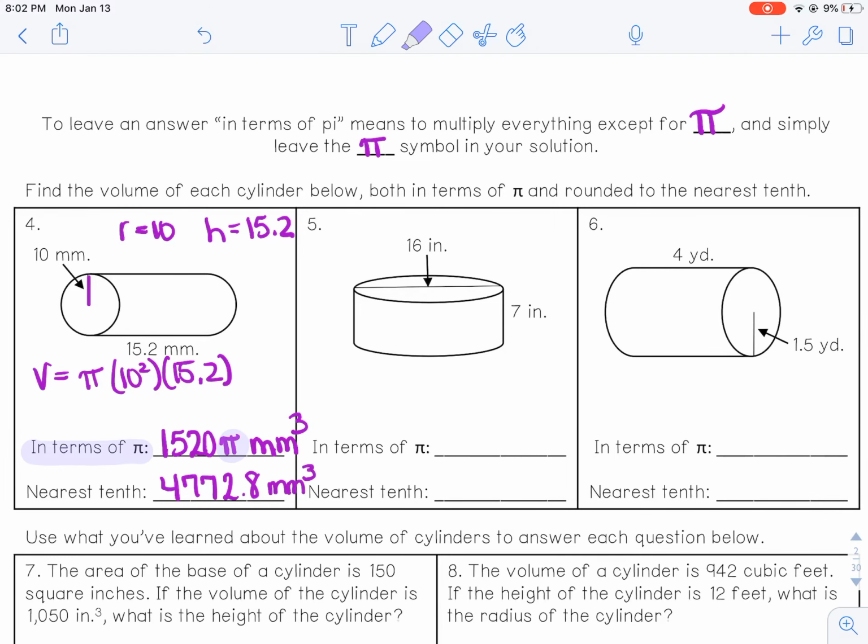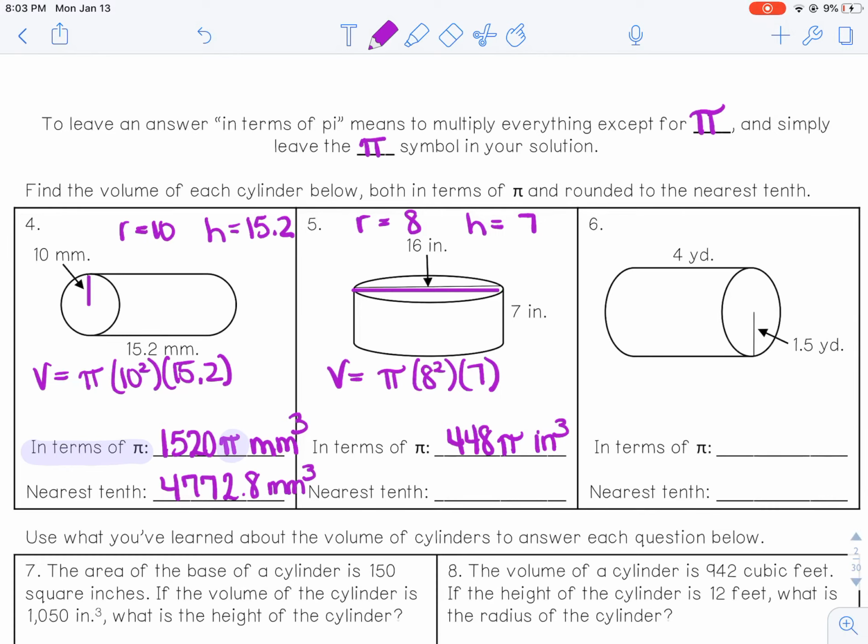Okay, let's take a look at number 5. What is the radius? I hope that you saw that if you have this that goes all the way across, that's the diameter, so you have to divide that 16 by 2. So your radius is 8, your height is 7. So volume equals pi times 8 squared times 7. 8 squared, hopefully you can do that in your head, that's 64, times 7 is 448 pi, and you're going to do inches to the third power.